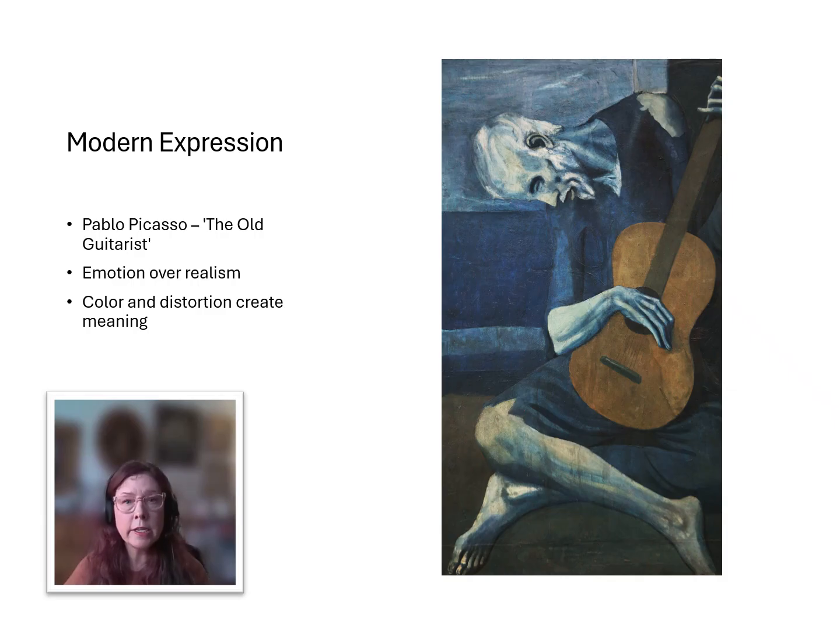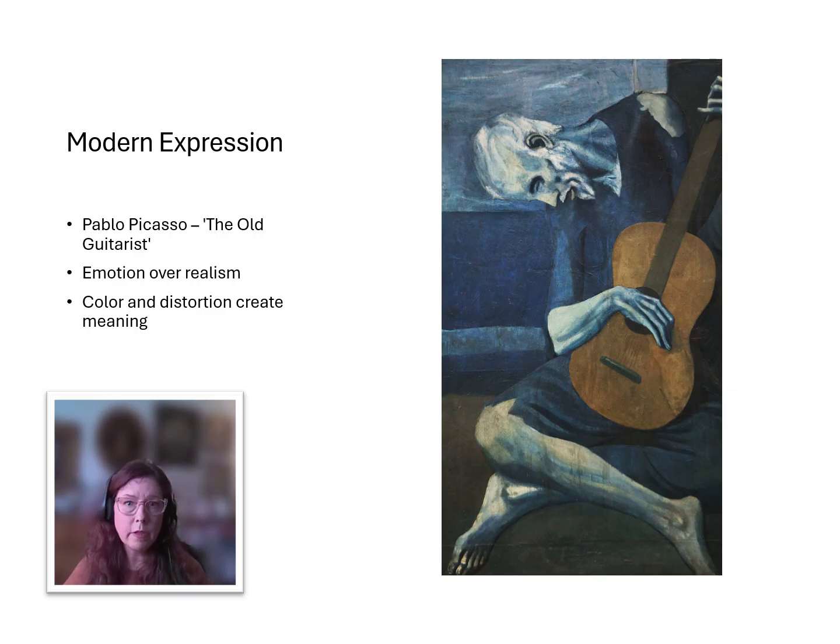And that is intentional because Picasso is not trying to paint a realistic image of a man. He is trying to communicate something much deeper: loneliness, poverty, isolation. And suddenly, accuracy does not matter as much.